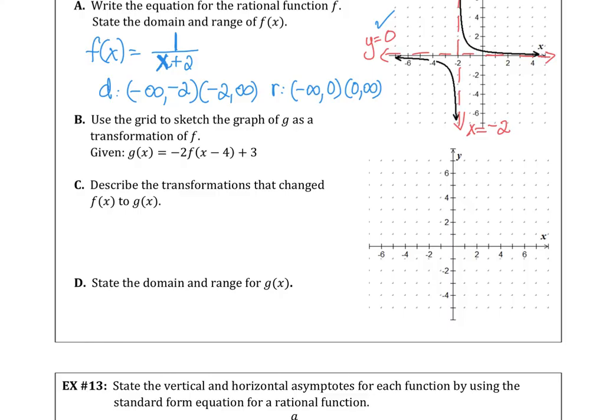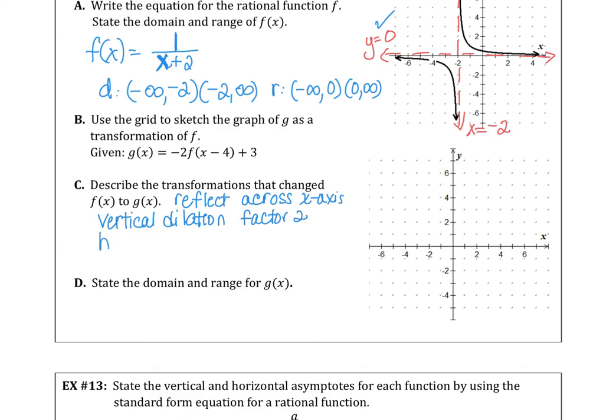Got a vertical dilation. It's also going to reflect over the x-axis. So we could say we're reflecting across the x-axis. We got a vertical dilation factor of 2.